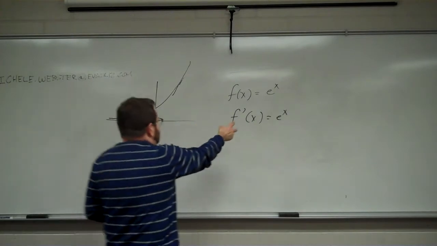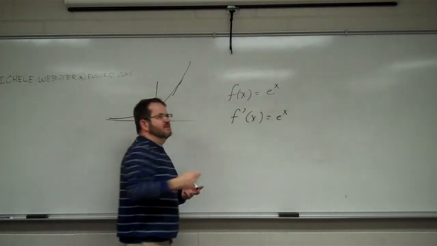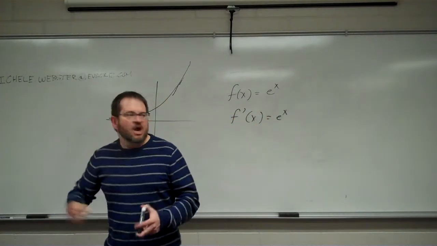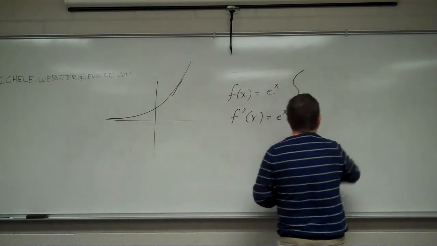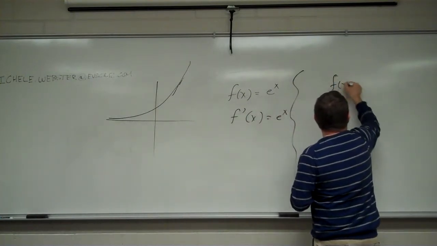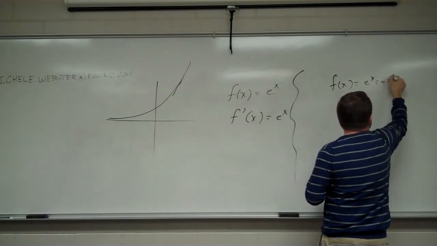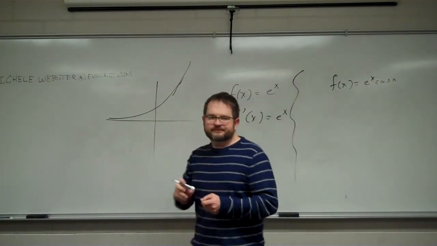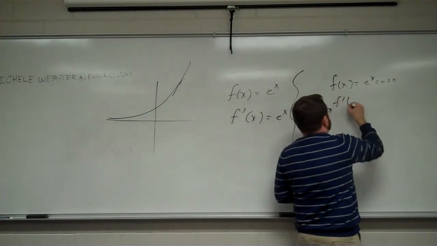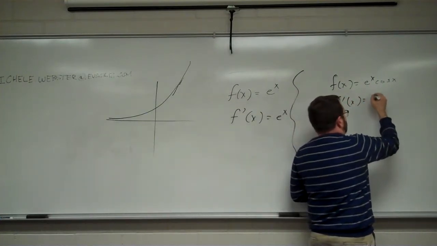I doubt you have any problems in the book that are as simple as just e to the x, but they'll be more fun. Like, what if f of x was equal to e to the x times cosine of x?